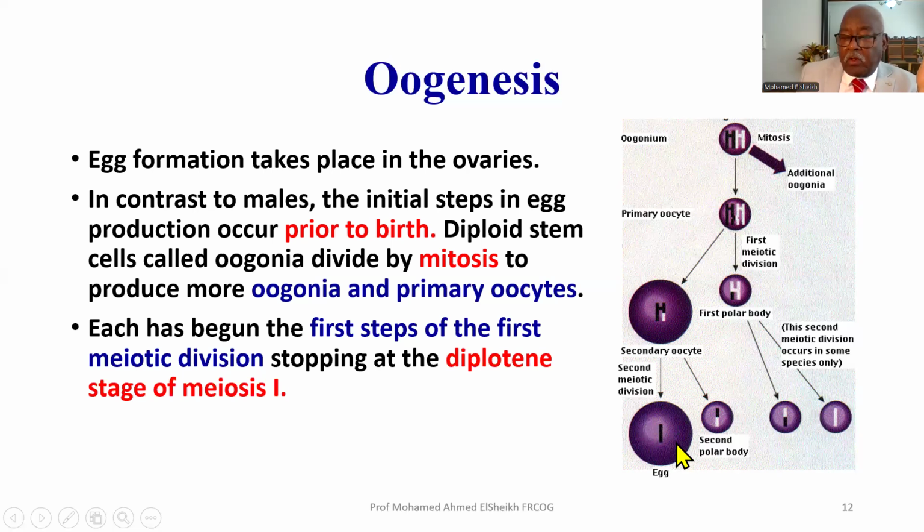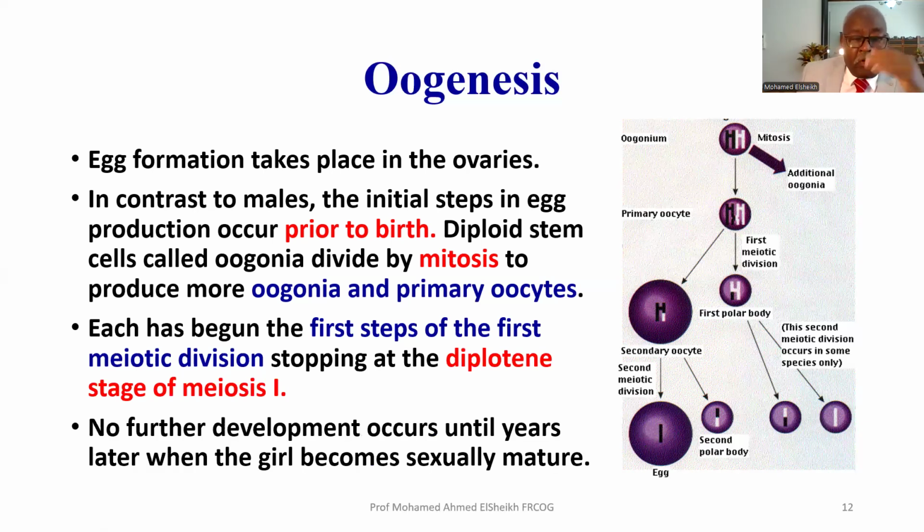This is the one that is ovulated, and is the one that hopefully will be fertilized for pregnancy to occur. So in utero, it stays at the first meiotic division, stopping at the diplotene stage of meiosis.